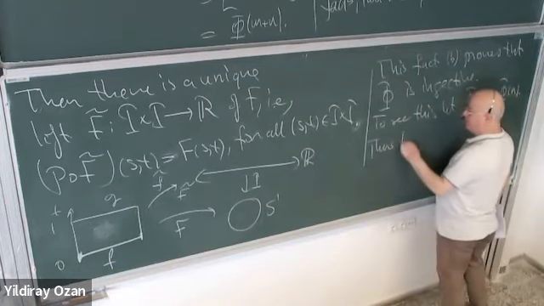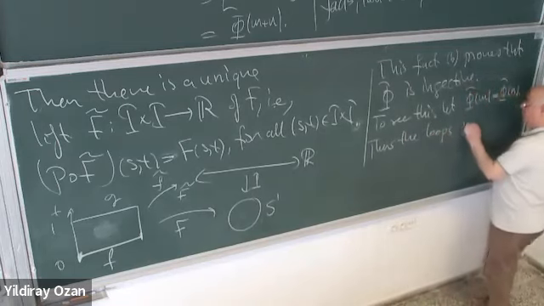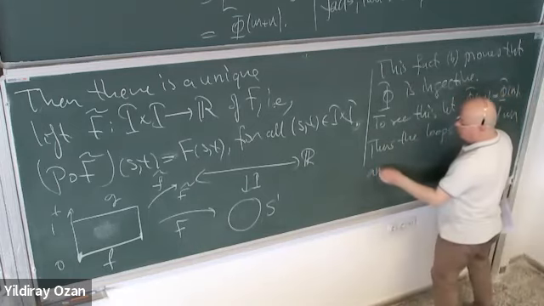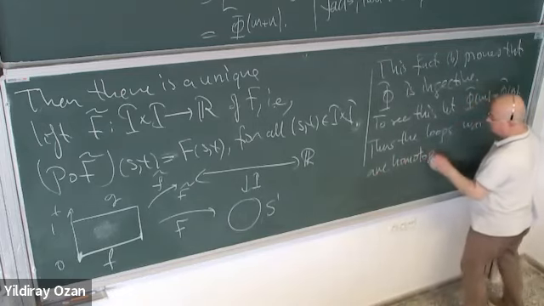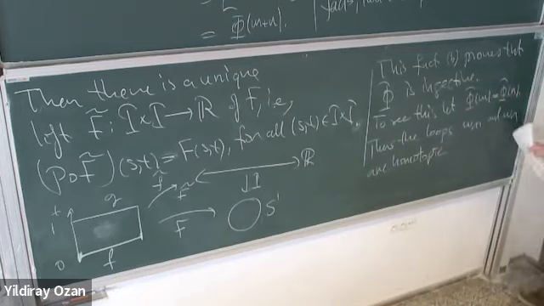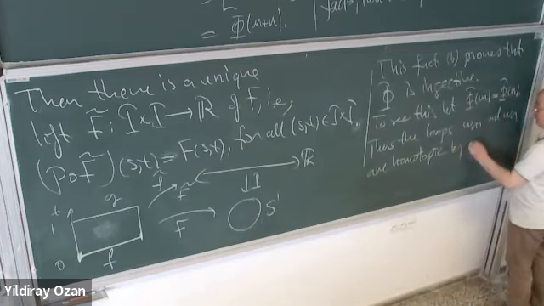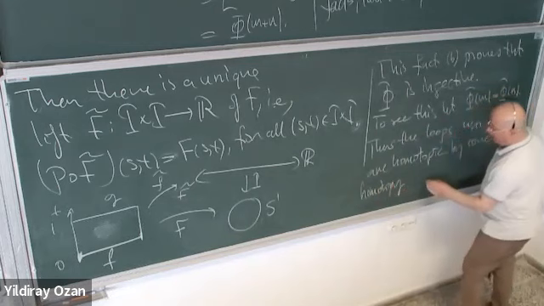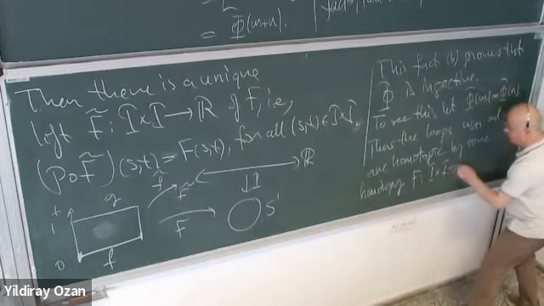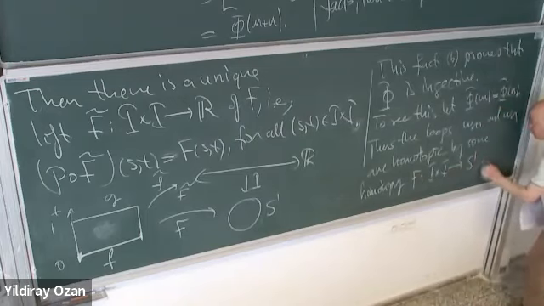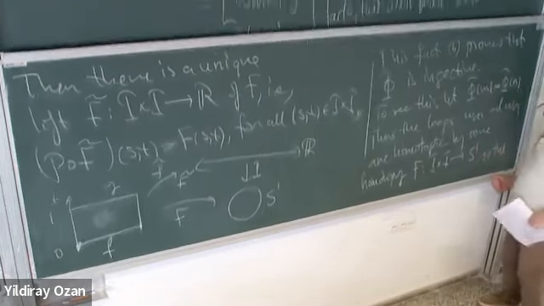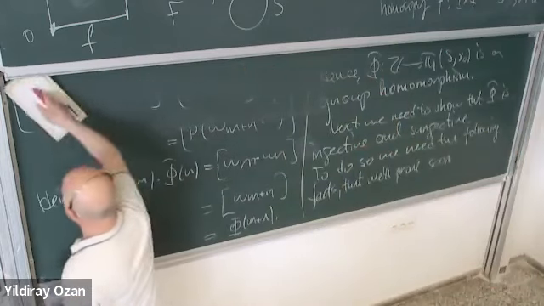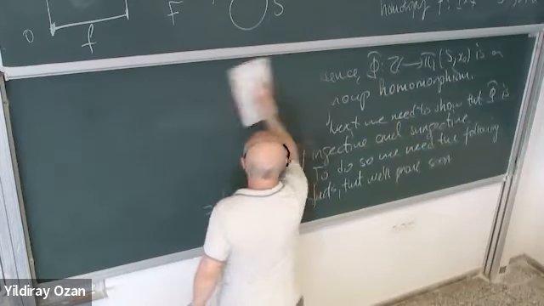Hence, thus the loops Wm and Wn are homotopic, right? Homotopic by some homotopy F. So that one end of the homotopy is Wn, the other end is Wm. It maps the endpoints to x0.